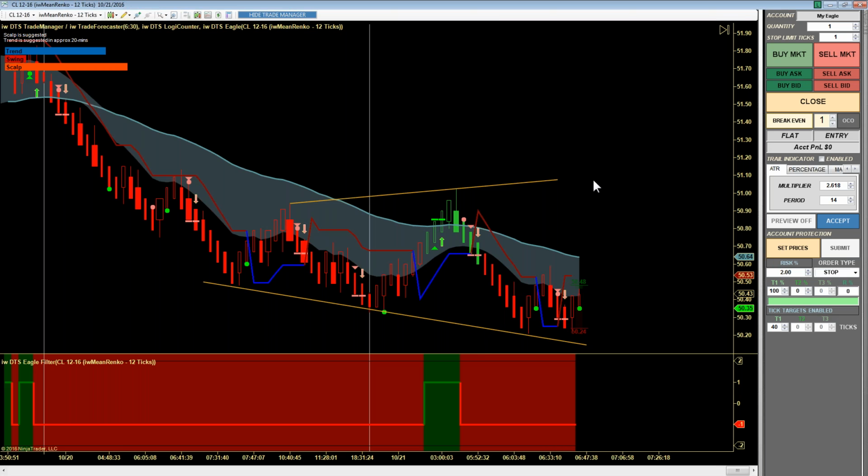And maybe we'll see the market rally here and try to test, well, let's see, kind of eyeballing it, could get up to 51.20. That would be substantial.